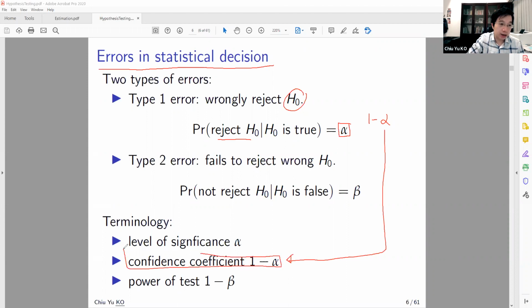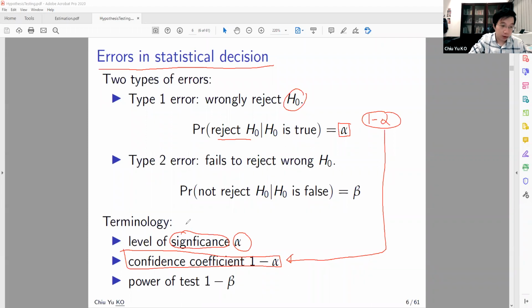And this is closely related to what we have seen in interval estimation. We will call alpha the level of significance.